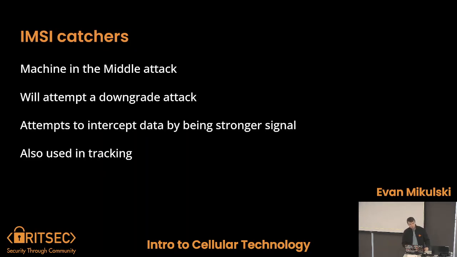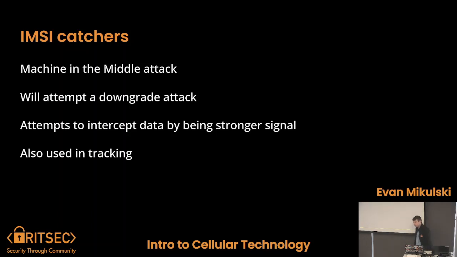So let's start talking about what is a popular and hot topic, IMSI catchers, otherwise popularized by the Harris name as a Stingray. So this is meant to be a man-in-the-middle attack. Remember back to what I said, where your phone will search for the strongest signal as a tower. That is what a Stingray does, it acts as a tower.